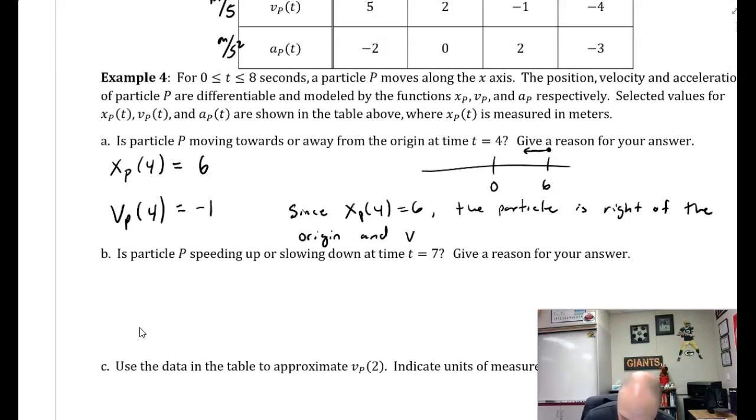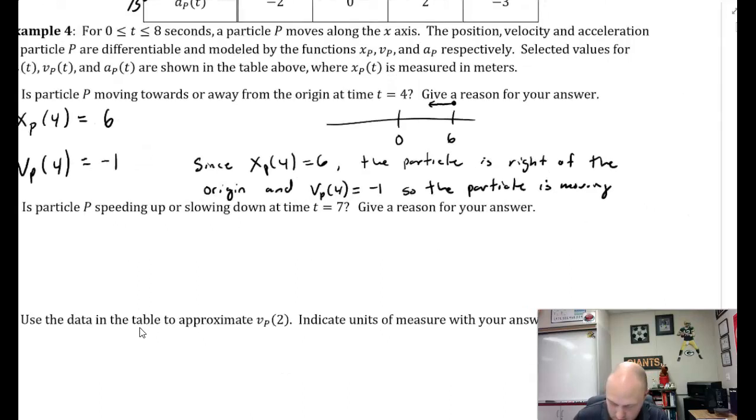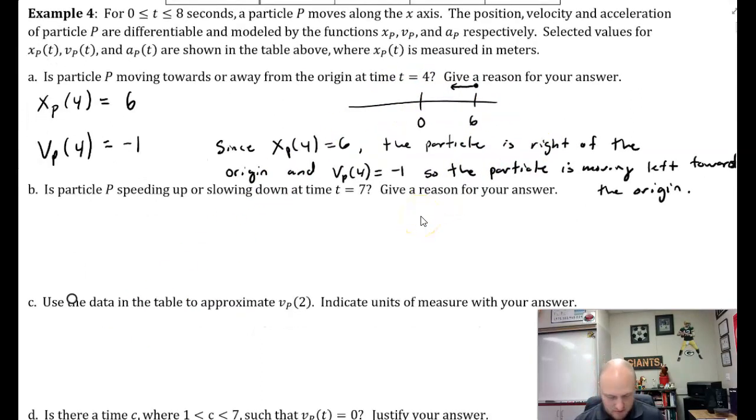And v sub p of 4 is equal to -1. So the particle is moving left towards the origin. Okay, and there's our response. It was at 6, it's moving left. Awesome. Okay, next one, B.